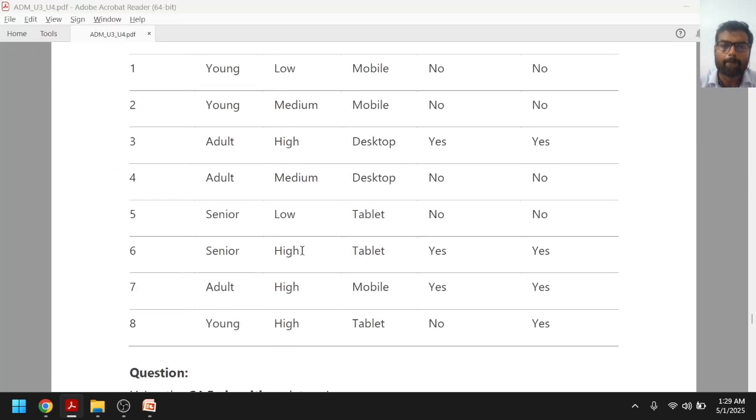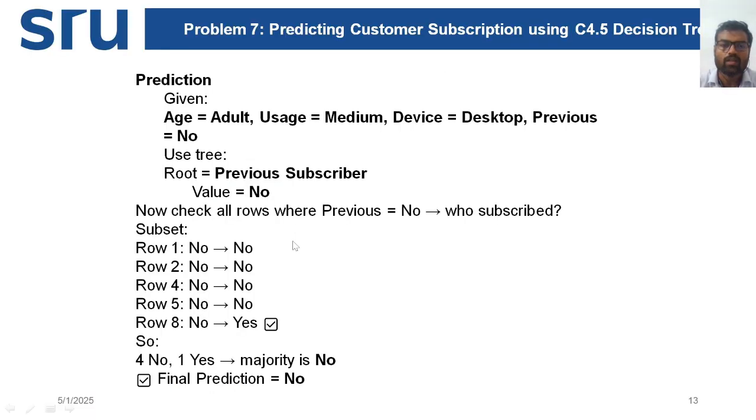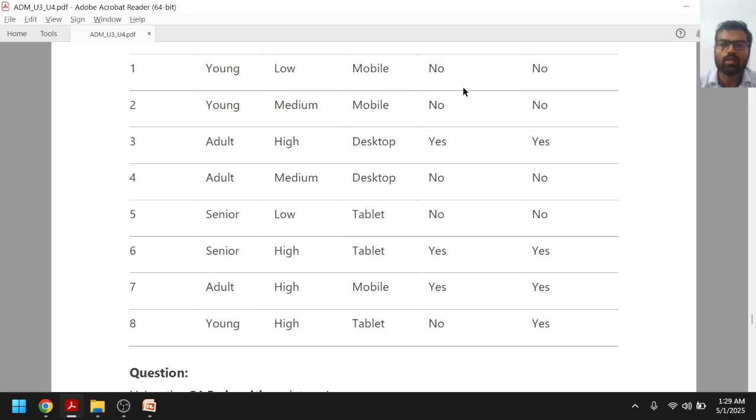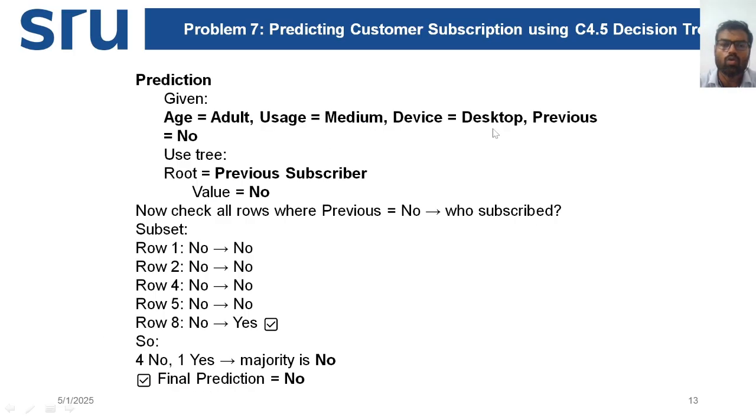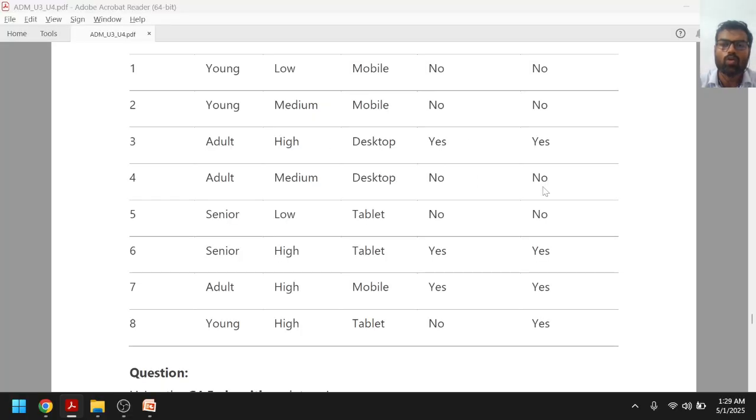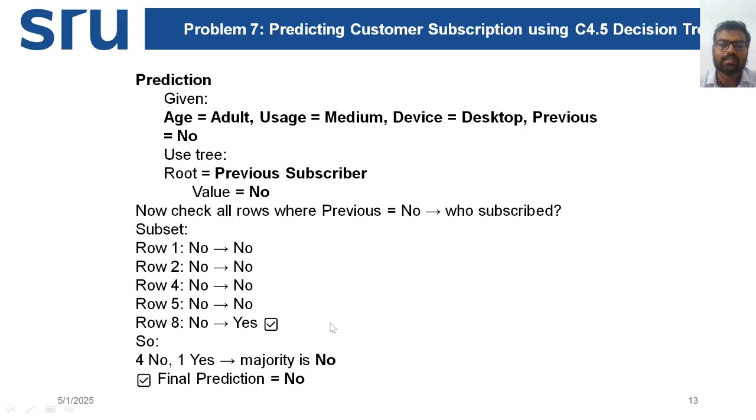Row one, previous equal to no. Row two, no. Row four, again no. Row five, again no. Row eight, yes. So the majority is no, and the final prediction is also no. One is going to be yes, but compared to the other rows, the no's are dominating. That's why our prediction is going to be no.